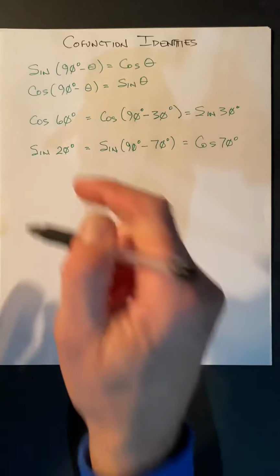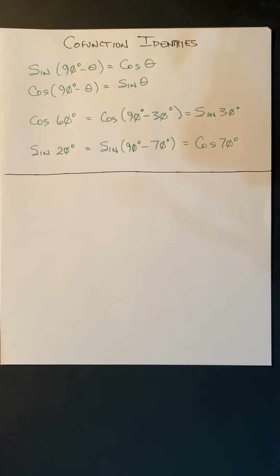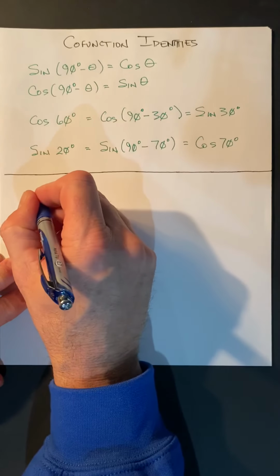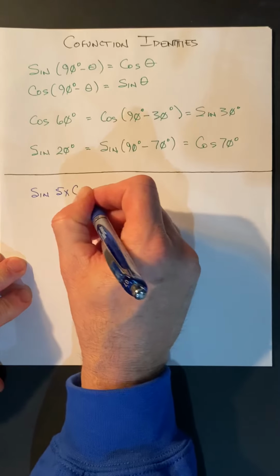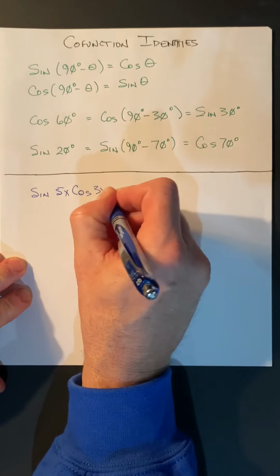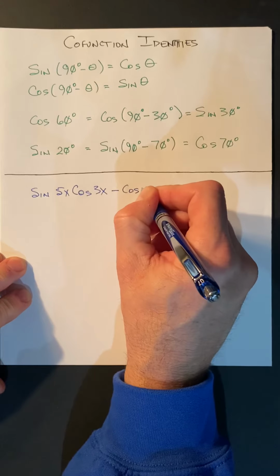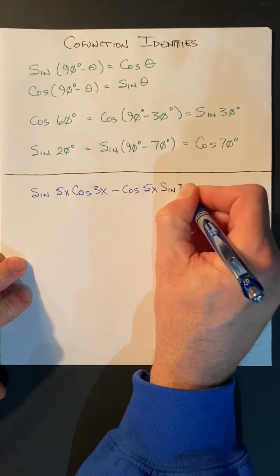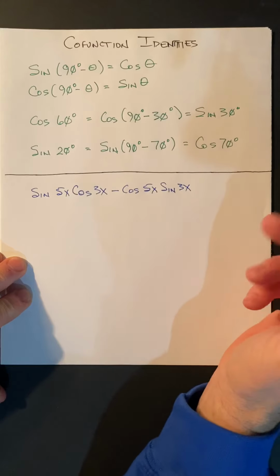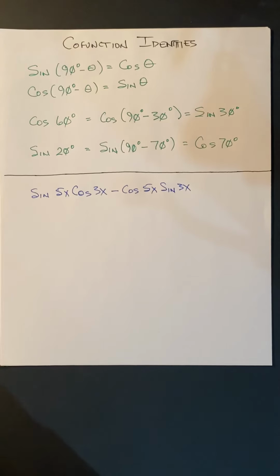So let me separate this, and let's look at a problem. If I had the sine of 5x times the cosine of 3x minus the cosine of 5x times the sine of 3x, how could I write that as just a single trigonometric function, okay?